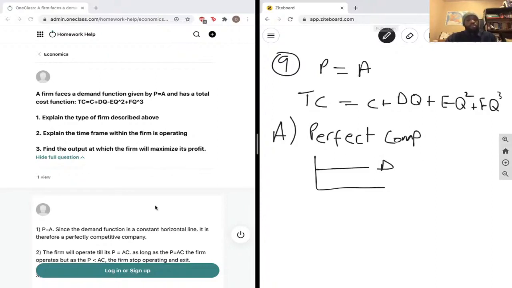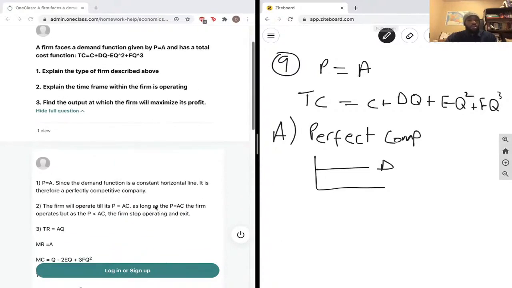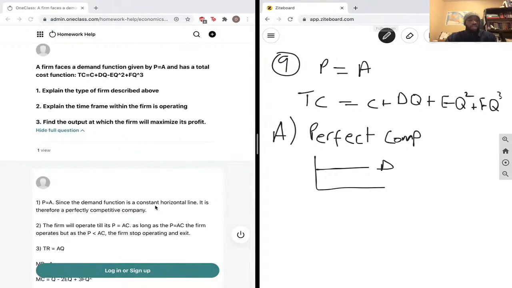Explain the time frame within which the firm is operating. The question says the firm will operate till P equals AC. As long as P equals AC, the firm operates, but if P is less than AC, the firm will stop operating.